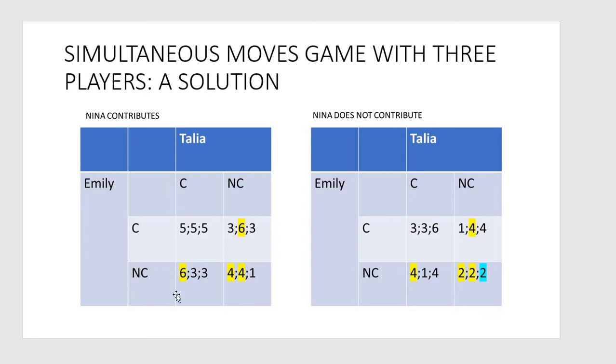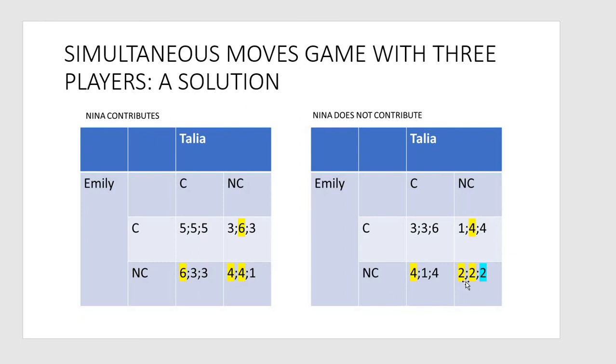If Emily decides not to contribute, then the optimal solution for Talia is to contribute and get 4 instead of 3, and so on and so forth. So if you do the same analysis for those two tables, you will see that there are 2 possible candidates for Nash equilibrium. Like here, NC and C, and here, NC and C as well.